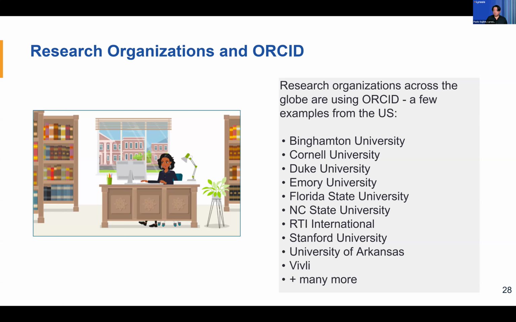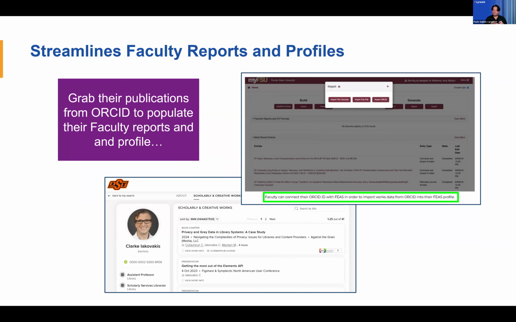They may not be requiring it, but they're very much encouraging faculty and researchers to have an ORCID ID and ORCID record as part of their work in the university. And a big part of this is to really streamline a lot of the things that you're probably doing as a faculty member, as a researcher at the university.